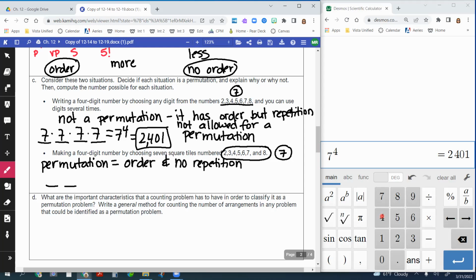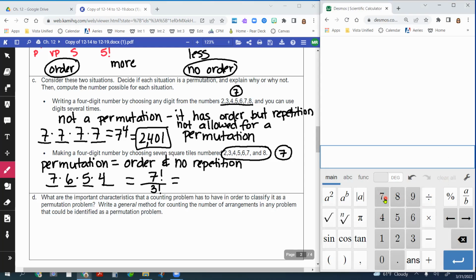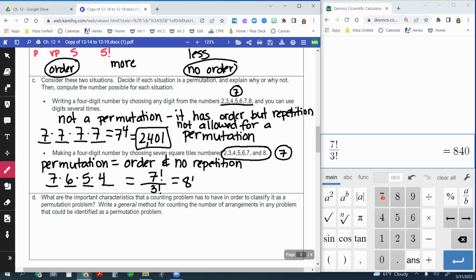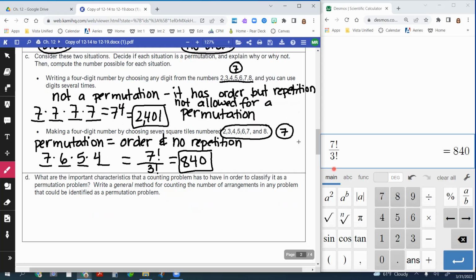So again, 1, 2, 3, 4, there's 7 ways for the first, 6 ways for the next, 5 ways for the next, 4 ways, or 7 factorial divided by 3 factorial. And so when I do 7 factorial divided by 3 factorial, I get 840 different ways.